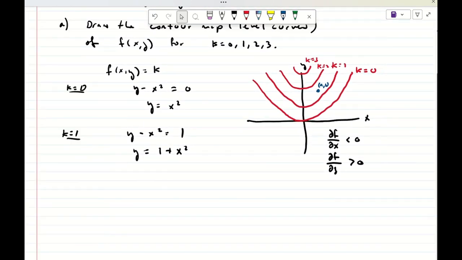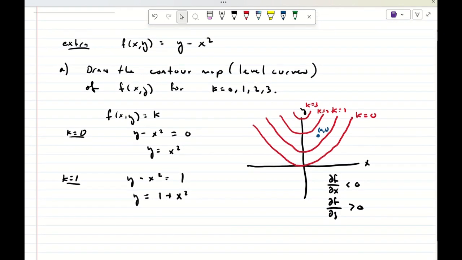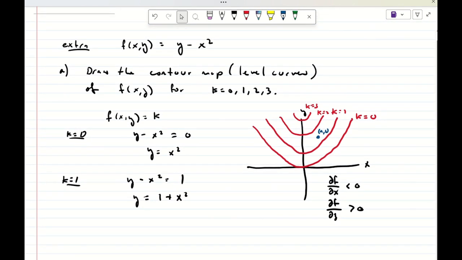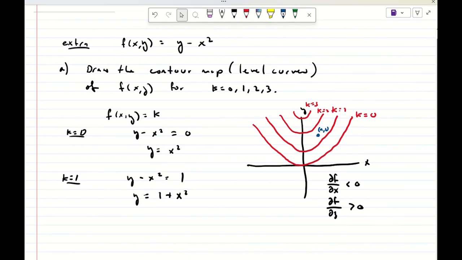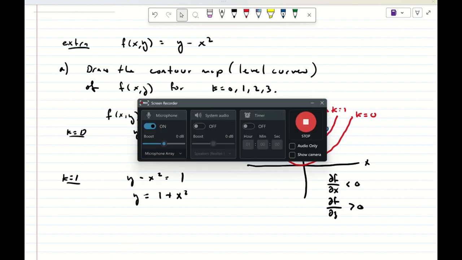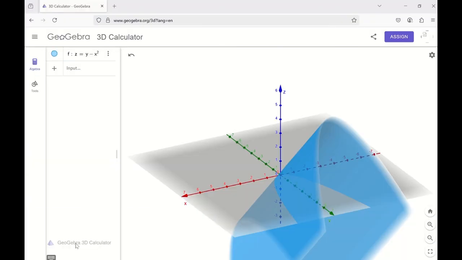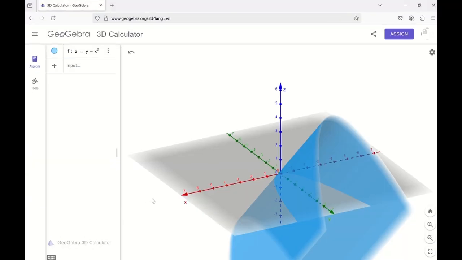Okay, so we can get a little bit more insight into these level curves by graphing things out in our GeoGebra 3D calculator. So here's a graph of z equals y minus x squared.